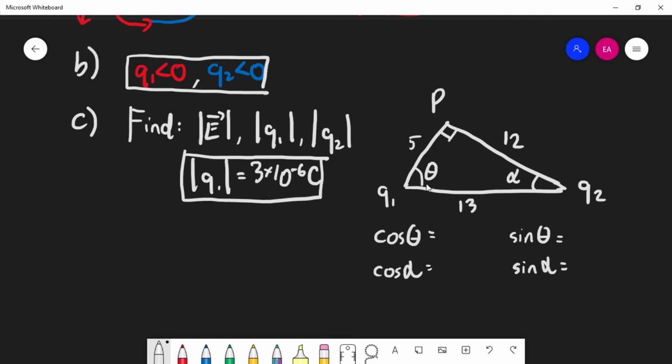Cosine theta is equal to, cosine is adjacent over hypotenuse, so adjacent side is 5 over 13. Cosine alpha, adjacent side is 12, hypotenuse is 13. Sine theta, opposite is 12, hypotenuse is 13. Sine alpha, opposite is 5, hypotenuse 13.